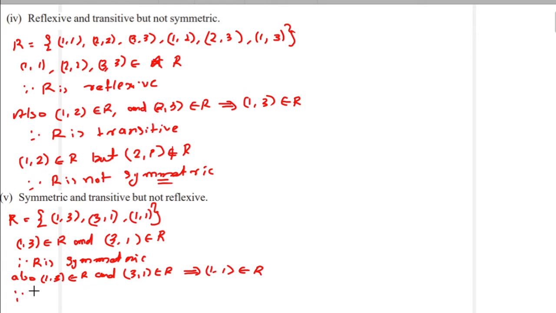This implies R is transitive also. Transitive relation. Okay. Then here, listen, (1,1) belongs to R. Then (3,3) does not belong to R, but 3 belongs to A. Therefore R is not reflexive.